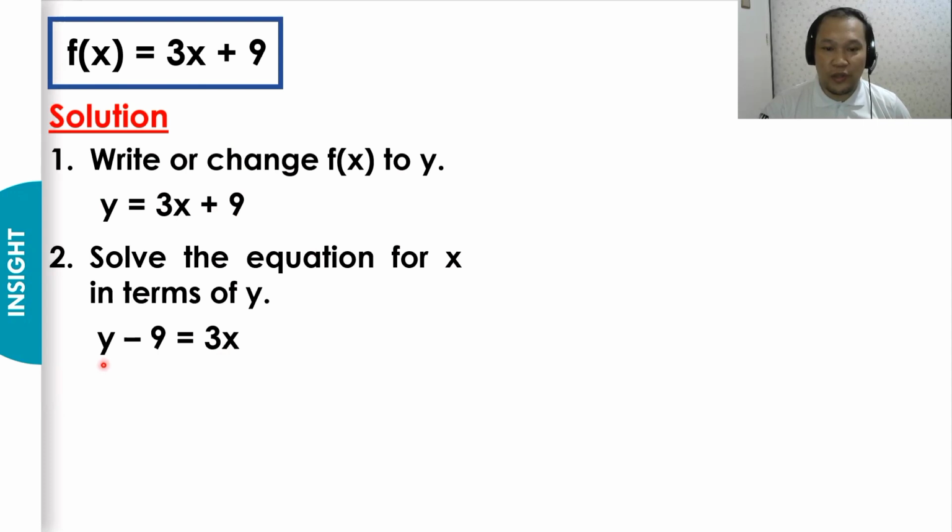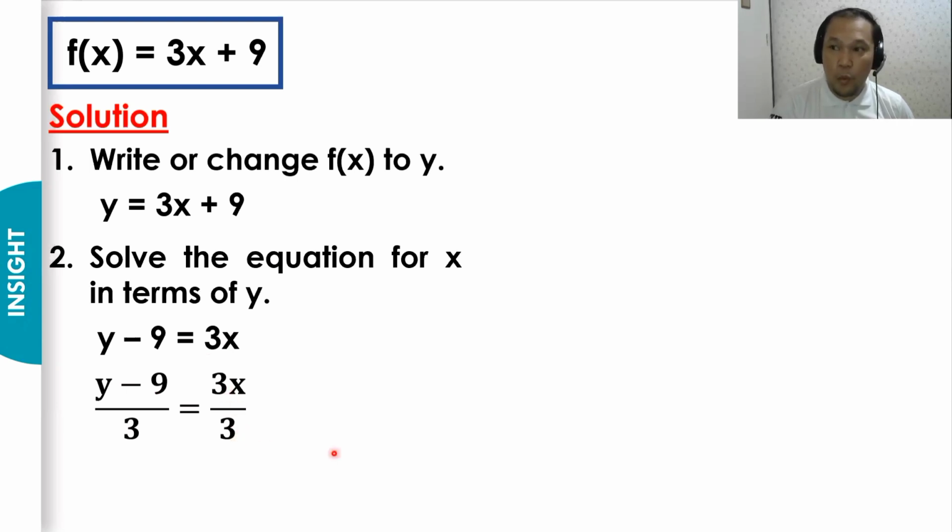Therefore, we are going to divide both sides by 3 so that we are able to find the value of our x. That is y minus 9 all over 3 is equal to 3x all over 3. Then, divide both sides. 3 divided by 3. Therefore, we do have 1 times x. Therefore, we do have x.